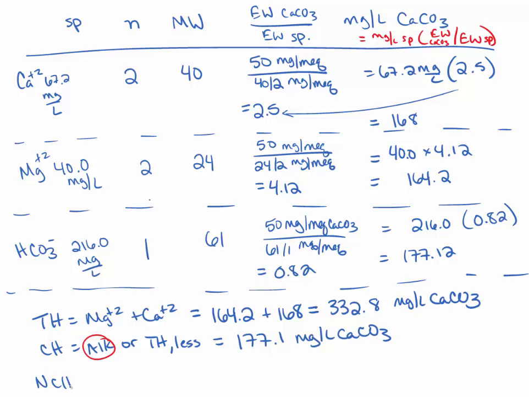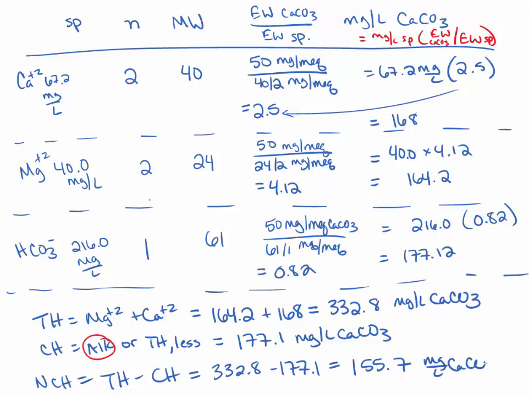And the non-carbonate hardness is equal to the total hardness minus carbonate hardness equals 332.8 minus 177.1 equals 155.7 milligrams per liter calcium carbonate.